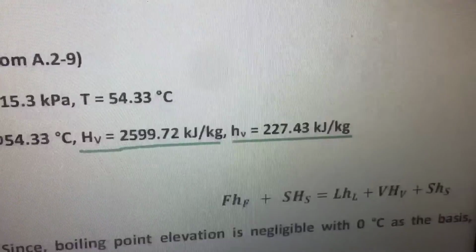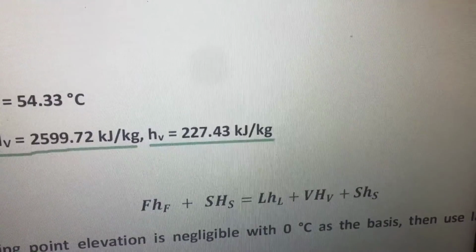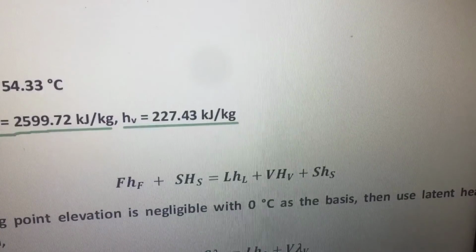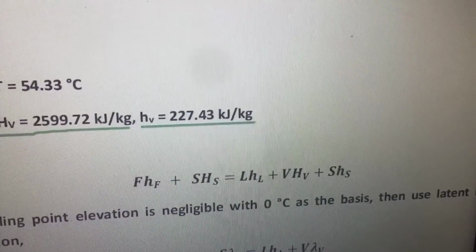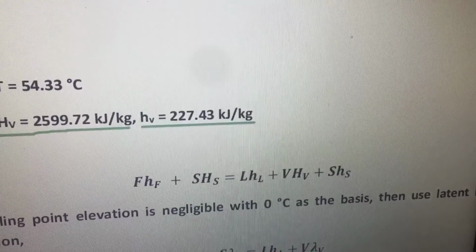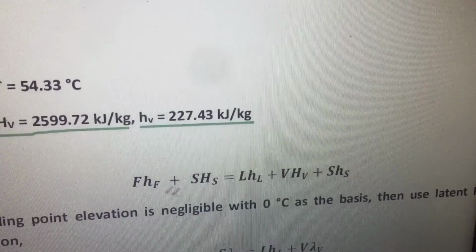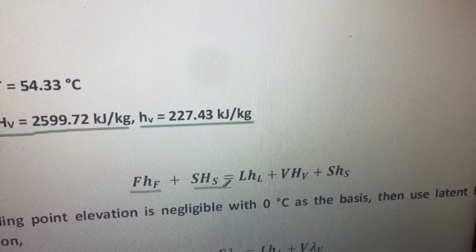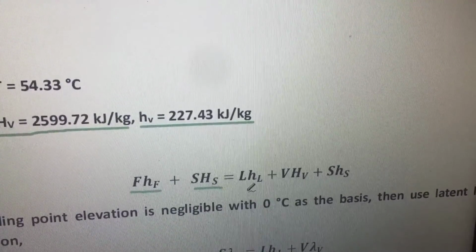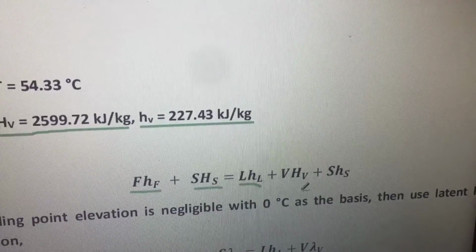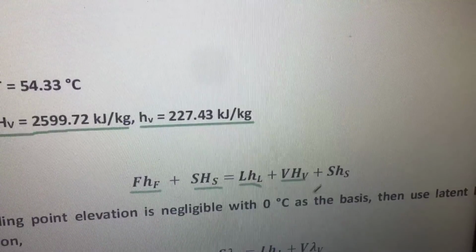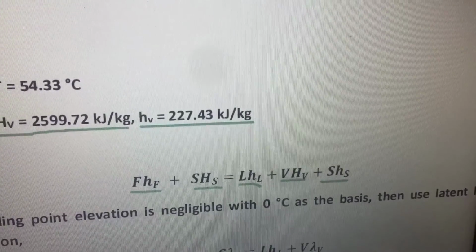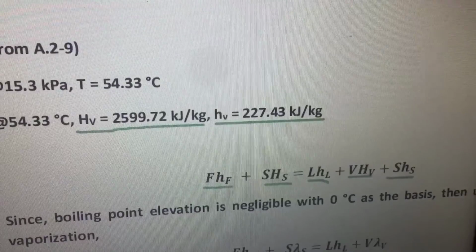Since we all know that total heat entering is equal to total heat leaving the system, we're going to use the equation: heat in the feed plus heat in the steam is equal to heat in the concentrated liquid plus heat in the vapor plus heat in the condensed steam.